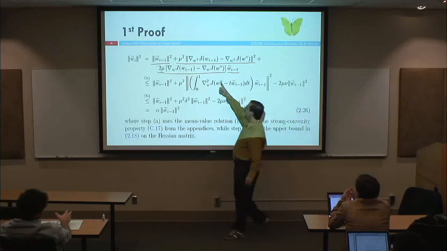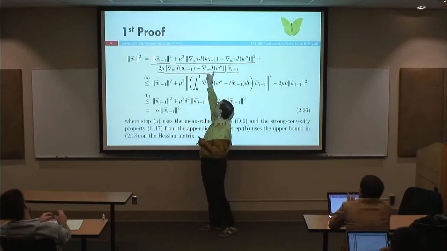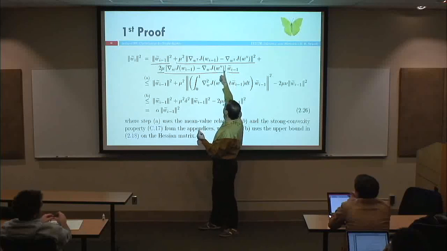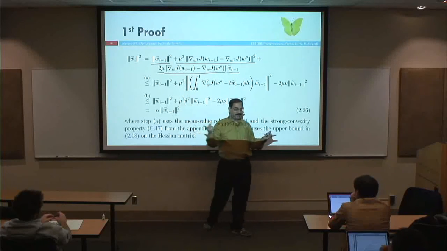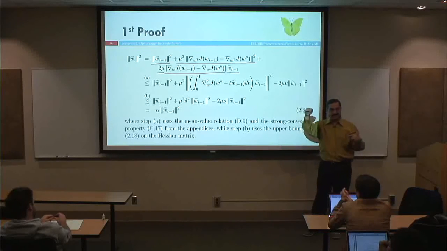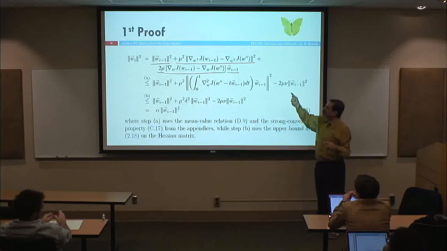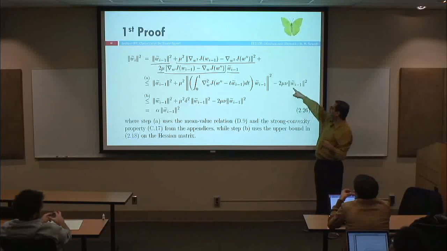Now, this last one here, remember, J is strongly convex. This is an inner product of a difference of gradients times the difference. We know because of strong convexity that this is larger than nu times the norm of W tilde squared. That's how I replaced it, you see, I replaced it by that.